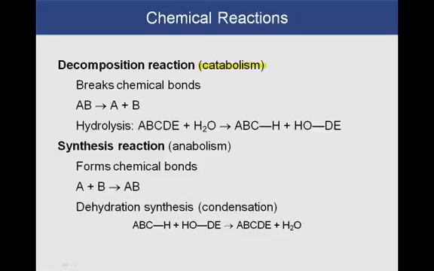In the example given here, AB represents a chemical with two parts, part A and part B. A and B don't represent elements, so those aren't chemical symbols. Those are just letters used to represent a portion of a molecule, a portion of a compound. In a decomposition reaction or catabolism reaction, AB yields A plus B.